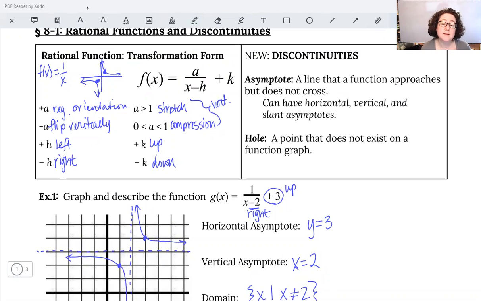A hole is a specific point on our rational function where the graph just doesn't exist. The function doesn't exist at that number. And the reason we have those is because as we look at these functions in different formats, we're going to have factors and expressions that go above and beyond that transformational form. So let's look at a few of these and see, well, how could we find this information?